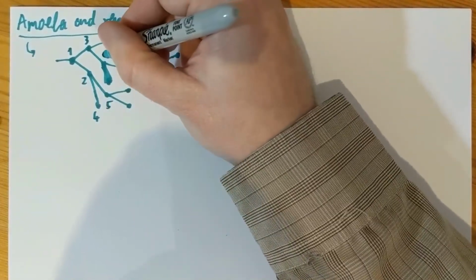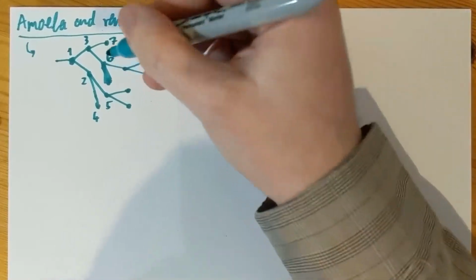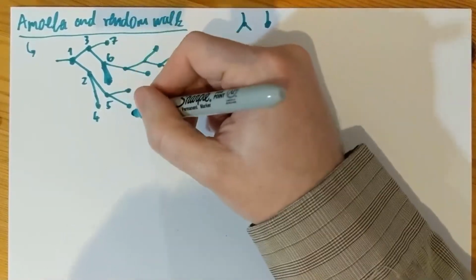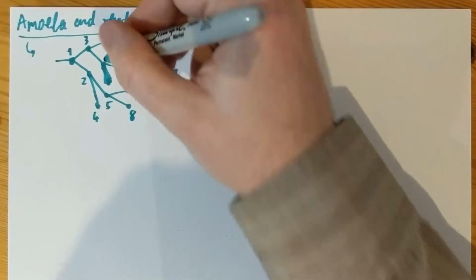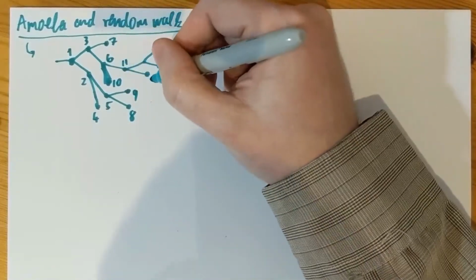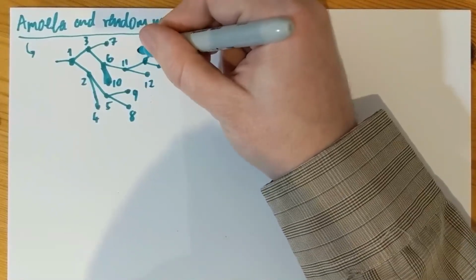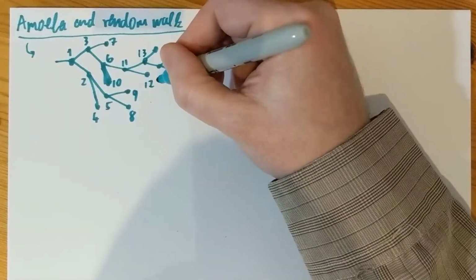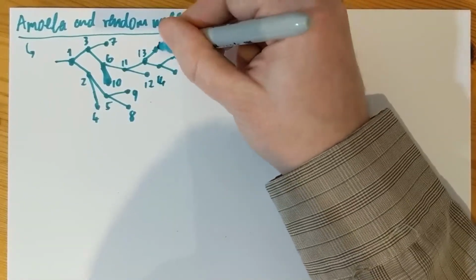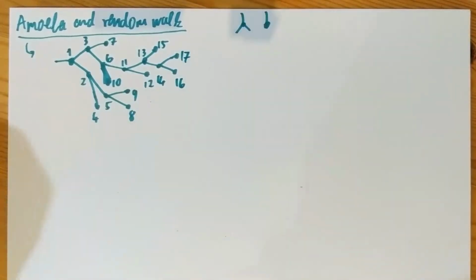I'm looking at a particular level, and enumerating the amoebas from bottom to up at a given depth, so this is 11, and this is 12, and this is 13, and then 14 and 15 and 16 and 17. So I have a total of 17 individuals if I did the enumeration right.